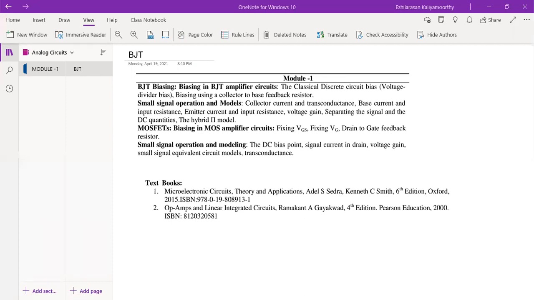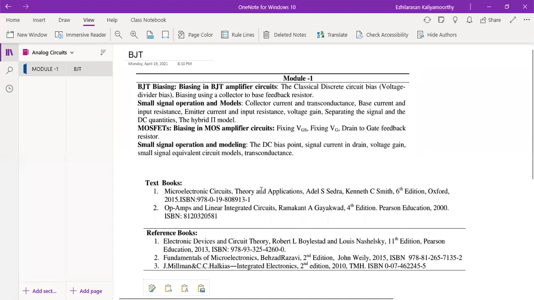Next, if you still want more information about this subject, you can go through the reference book given, Electronic Devices and Circuit Theory by Boylestad. This is a very good book.